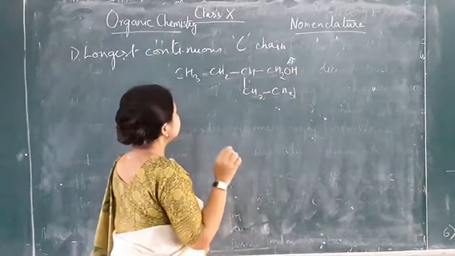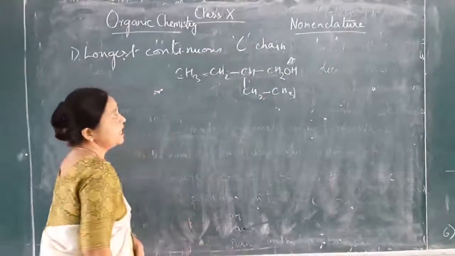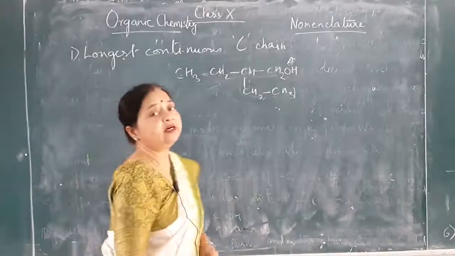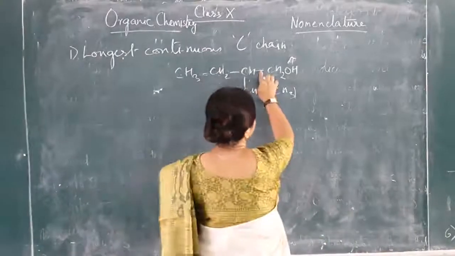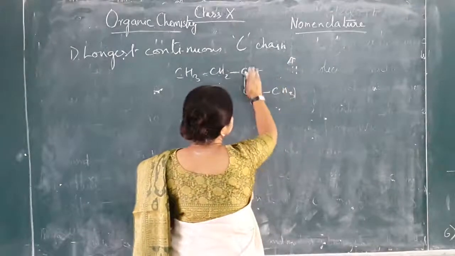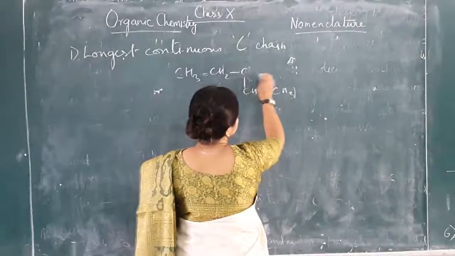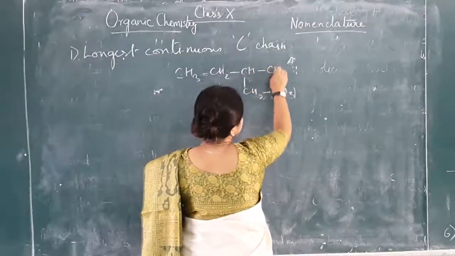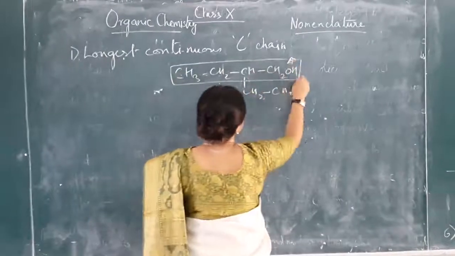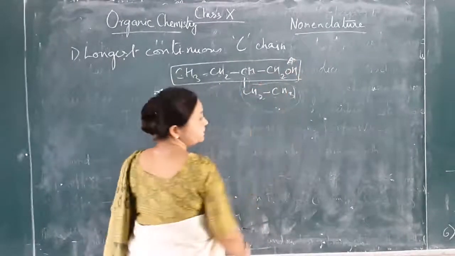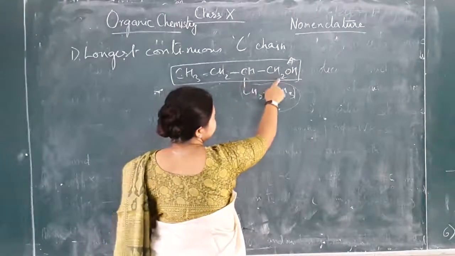There can be a double bond also, but we are sticking to CH2OH. So in that case this is the longest chain and this becomes a substituent. Ethyl is the branching.